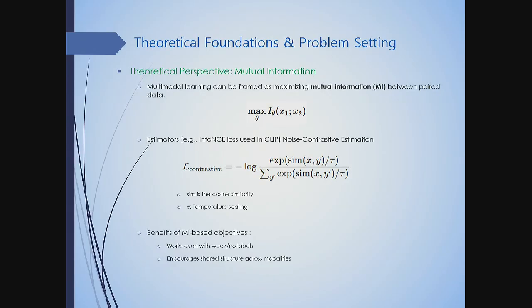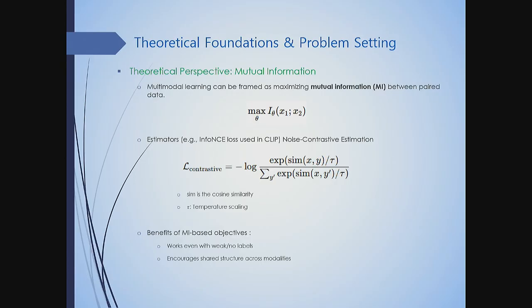That is why it's represented as the max between the two sets. And how do you estimate this? You use, for example, the contrastive loss. You must know it, because it's very famous. You use the cosine similarity, and also the temperature scaling. You can find this in the contrastive loss paper.